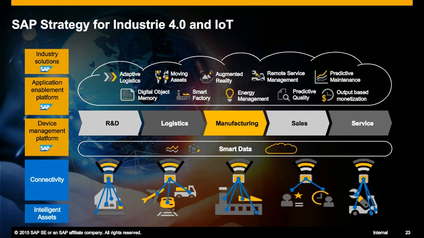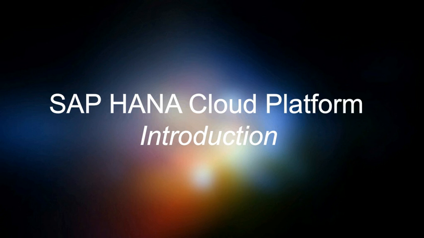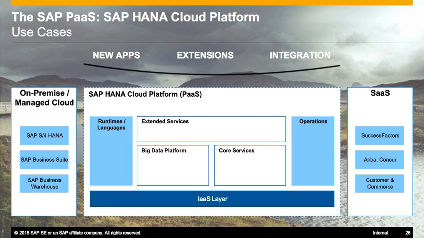Which brings us now to the HANA Cloud Platform, because that's now our platform that you can use for such IoT scenarios. And to do that, let me quickly introduce what the HANA Cloud Platform is, in case you haven't heard of it yet.